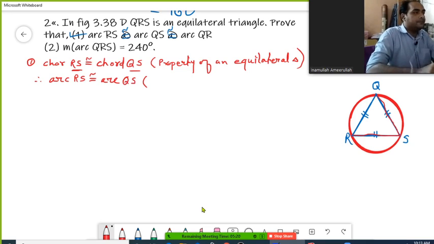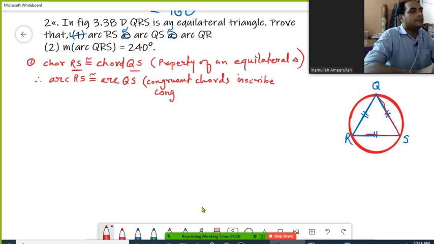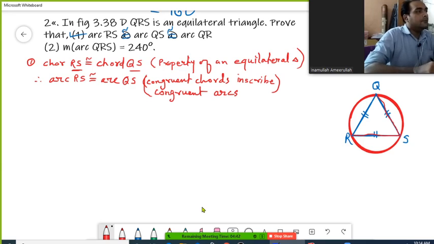Reason is congruent chords inscribe congruent arcs. If two chords are congruent, the arc inscribed by them will also be congruent. So this is my first proof.